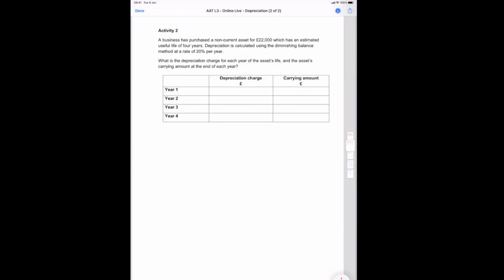Okay, so where we looked at the straight line method and applied an equal charge of depreciation each year, the reducing balance method actually charges a percentage rate on the carrying amount per year. So let's have a look at what this looks like in this activity, and we'll highlight some of the key details. We're using some of the information from the first activity so we can look at the comparison.